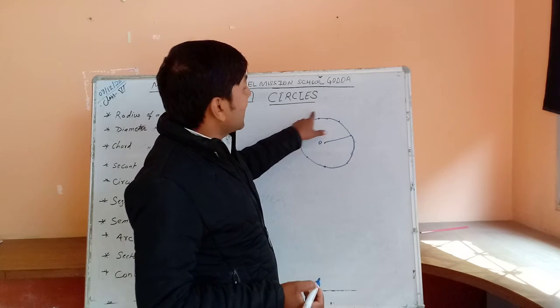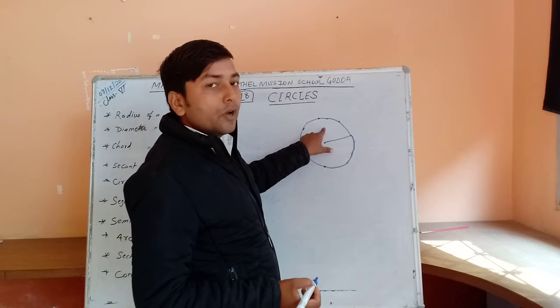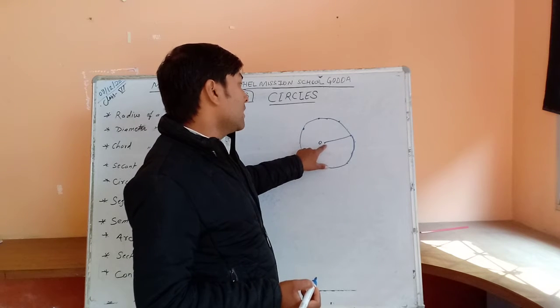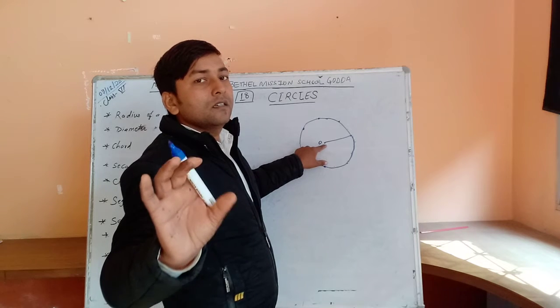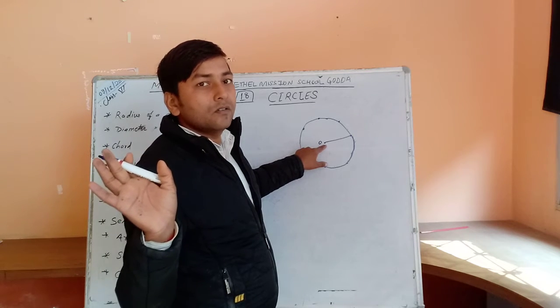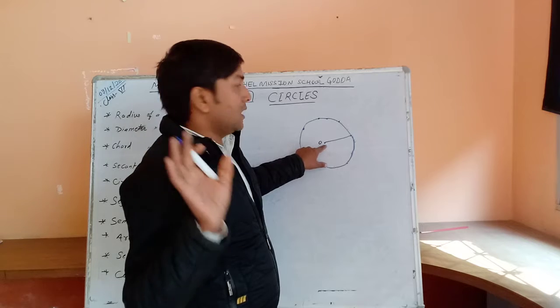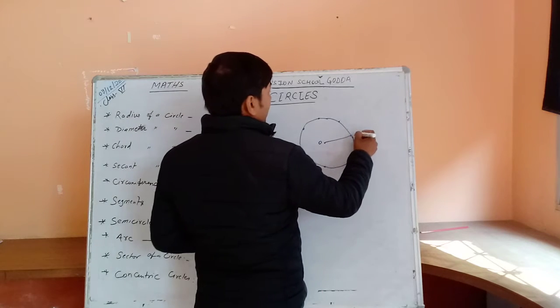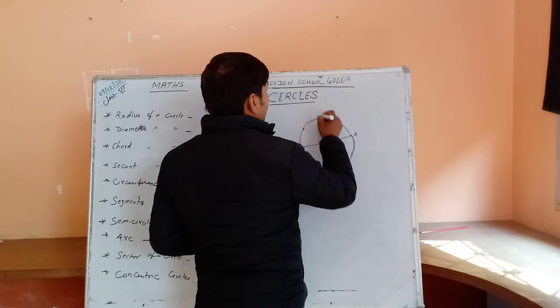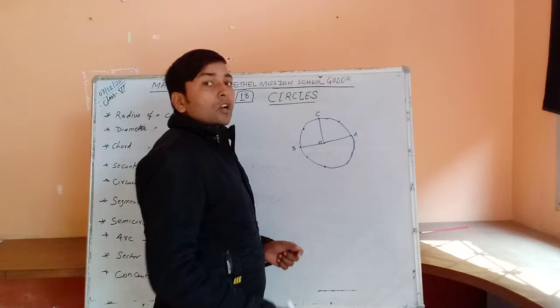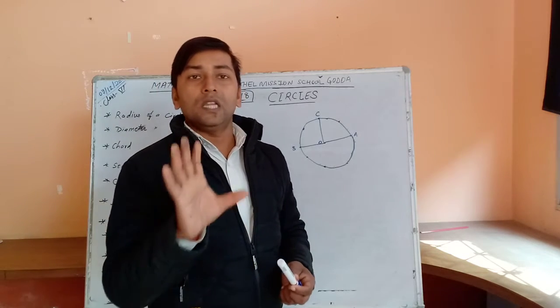Circle is the collection of all the points whose distance from a fixed point remains unchanged. It means O to A or O to B or O to C are always equal.